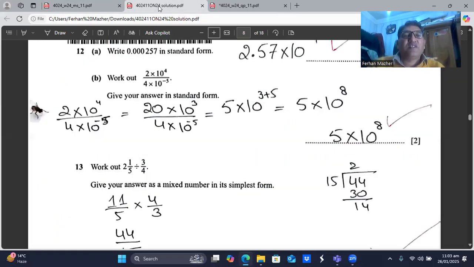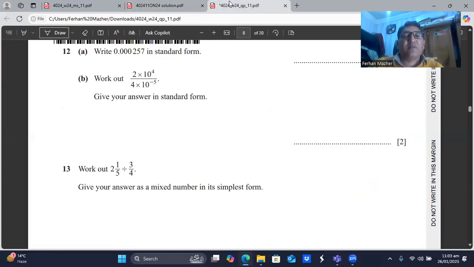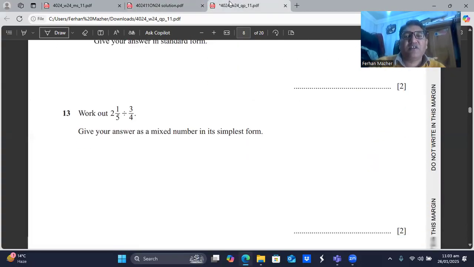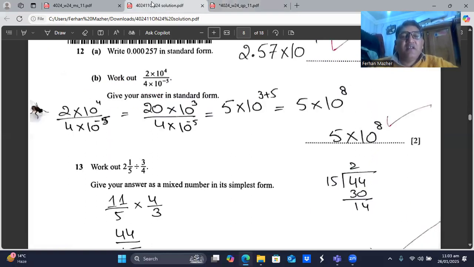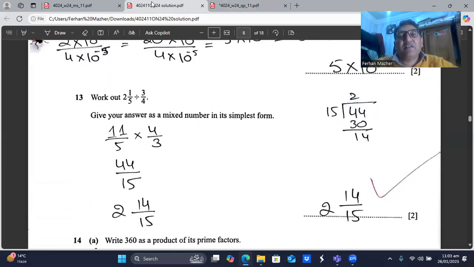So then we will go to the next question. The next question coming up on your screen is question number 13. In question number 13, we have to work out 2 whole 1 by 3 divided by 3 by 4. So 5 twos are 10, 10 plus 1 is 11, 11 by 5 divided by 3 by 4. Then I will convert this divide sign into a multiplication sign, and the fraction after the divide sign will flip.